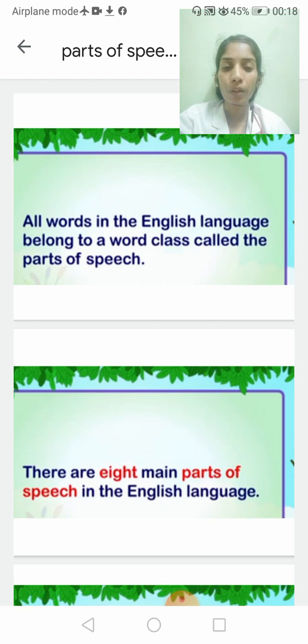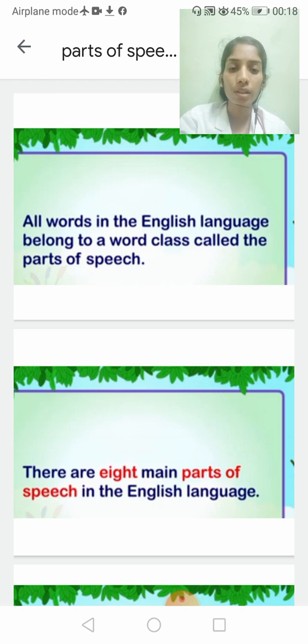In this topic, especially in communicative English, parts of speech is an important one, because after learning the 8 parts of speech, we will be able to learn a lot of new words in different situations.